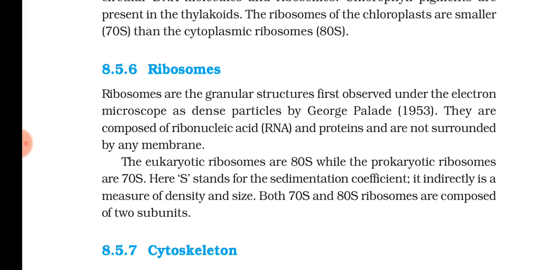Otherwise they will be seen as separate units. The eukaryotic ribosomes are 80S and the prokaryotic ribosomes are 70S. S is the unit of sedimentation, which gives some idea about the density and the size of the ribosomes.